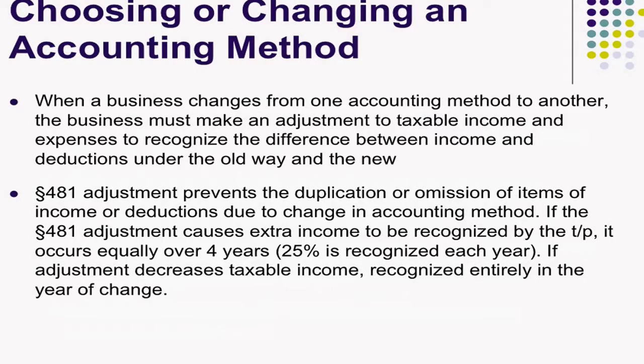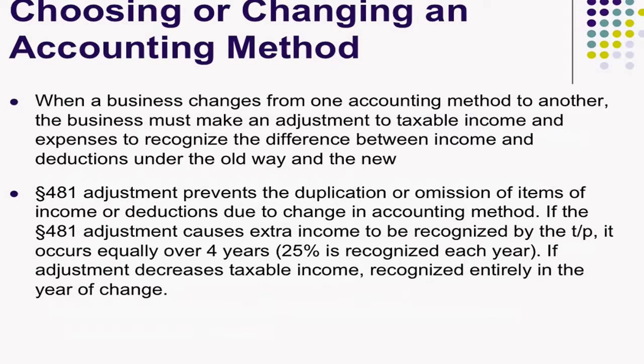So you have to claim 25% of that income every year for 4 years if you have extra income based on the 481 adjustment. Okay? If the adjustment decreases your taxable income, then you can recognize the entire deduction in the year you made your accounting method change. Now, where does it get a little confusing?